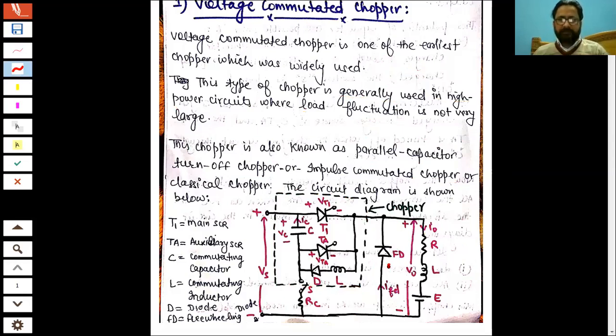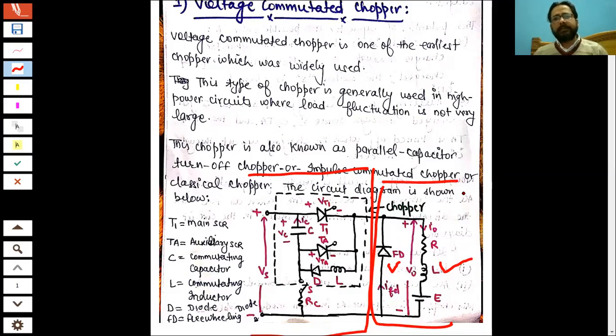So you have a freewheeling diode also here because the load comprises of an inductor. The current which is stored in the inductor in form of magnetic energy needs to be dissipated when this part of the SCR is cut off from the load, or you can say the load is cut off from the supply.